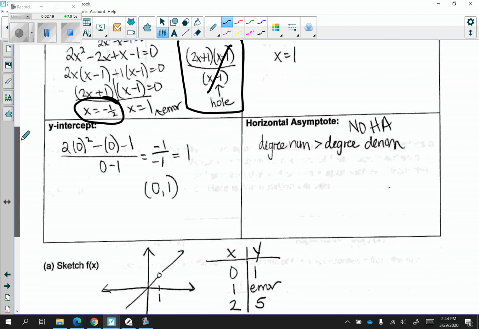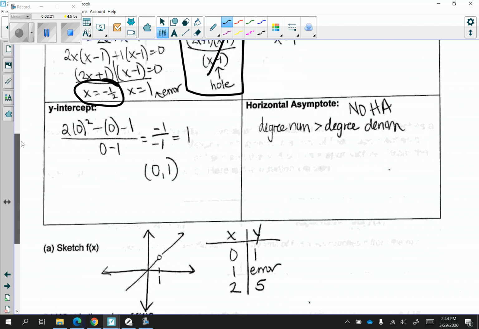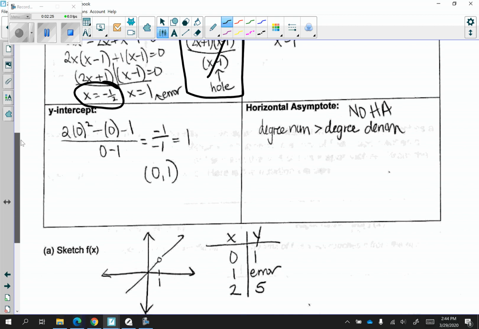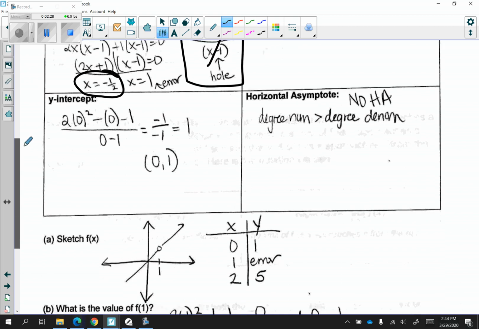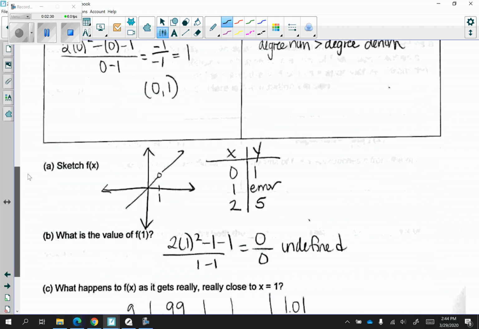Next, it wants us to sketch the function f of x. When I sketch this, I notice again that I have a hole at x equals 1. When I substitute 1 in for my function, I end up getting 0 over 0, which means it's undefined. So if I want to see what happens to f of x as it gets really, really close to x equals 1, that's finding the limit.